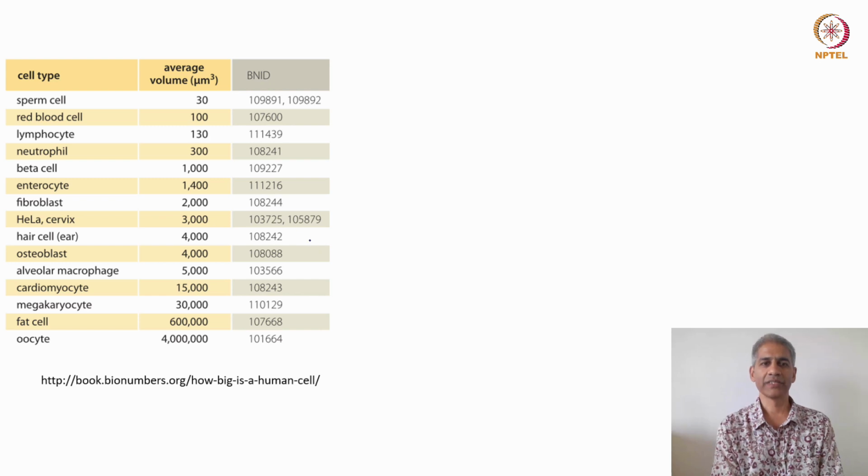And then we can do things like look up what is the average across this size range. So that would be somewhere near the HeLa cell, which is a cervical cancer cell line, or these hair cells which we find in our ear, so it's between 3,000 to 4,000 micrometer cube.